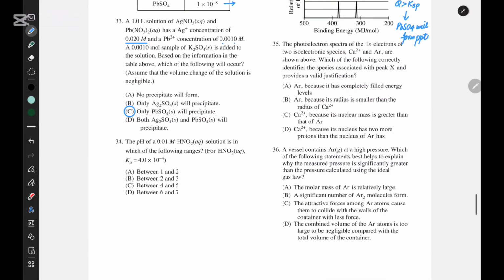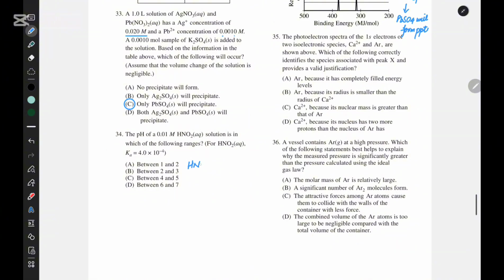For question number 34: the pH of a 0.01 molar HNO2 solution is in which of the following ranges? First of all, we have HNO2, which forms H+ plus NO2-. HNO2 has a concentration of 0.01, and it forms hydrogen ion and NO2-.